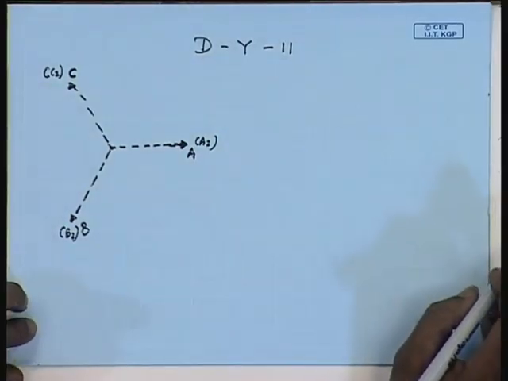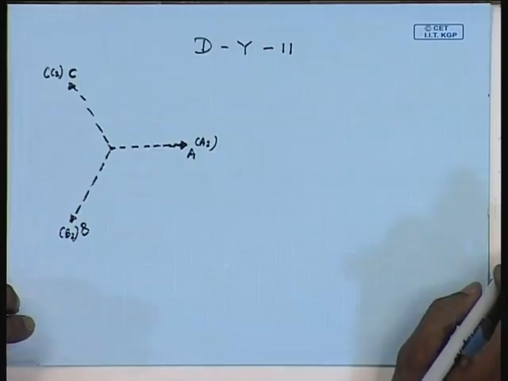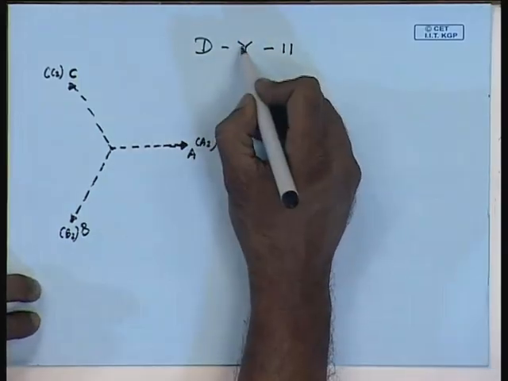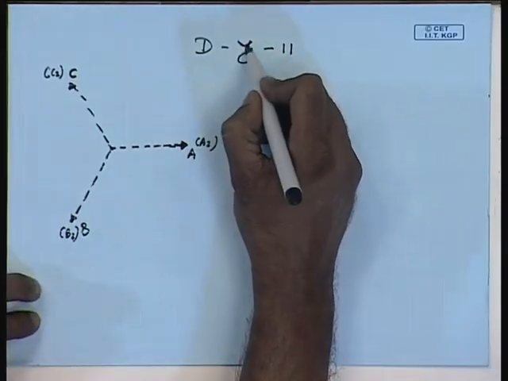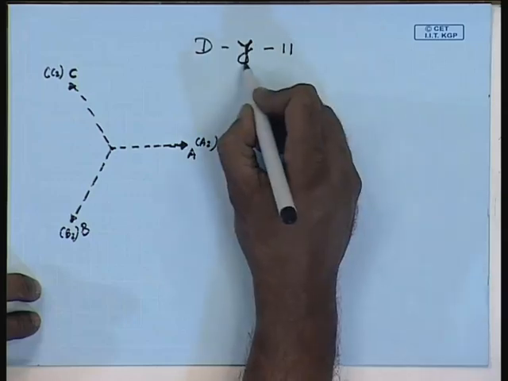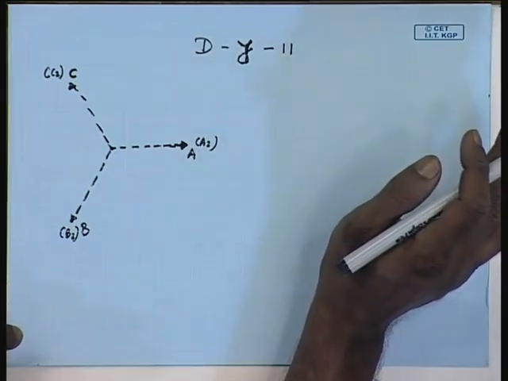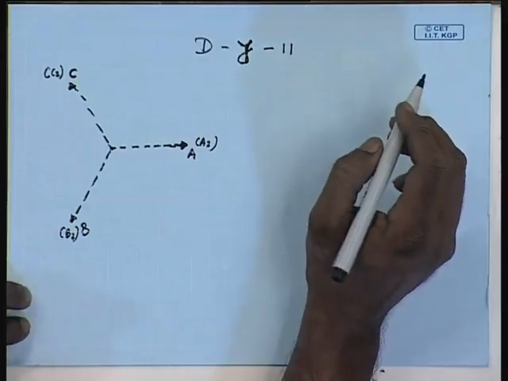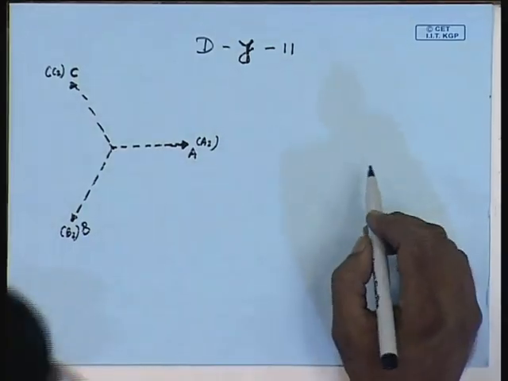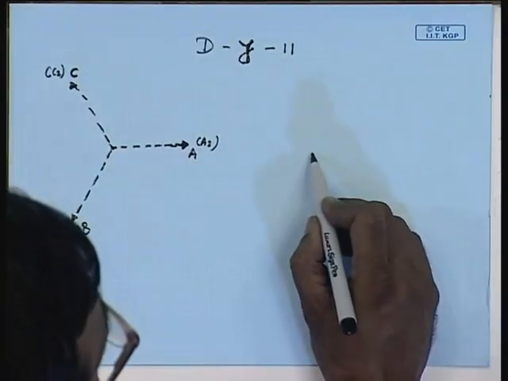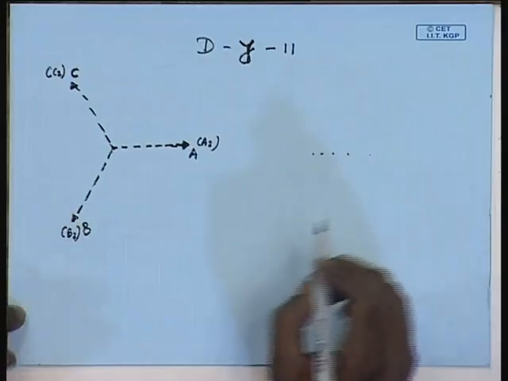Now, here we are specifying that this is DY11, hence the low voltage side line to neutral voltage must lead the high voltage side line to neutral voltage by 30 degrees.